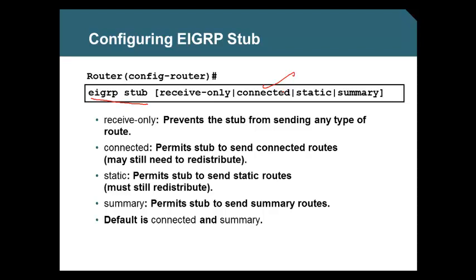It won't advertise any other network: the networks learned from upstream, downstream neighbors, redistributed routes, summary routes. None of this it will advertise. It will advertise only the physically connected networks to the neighbor. The rest of the networks, it won't advertise nor take any responsibility for. That is stub connected.